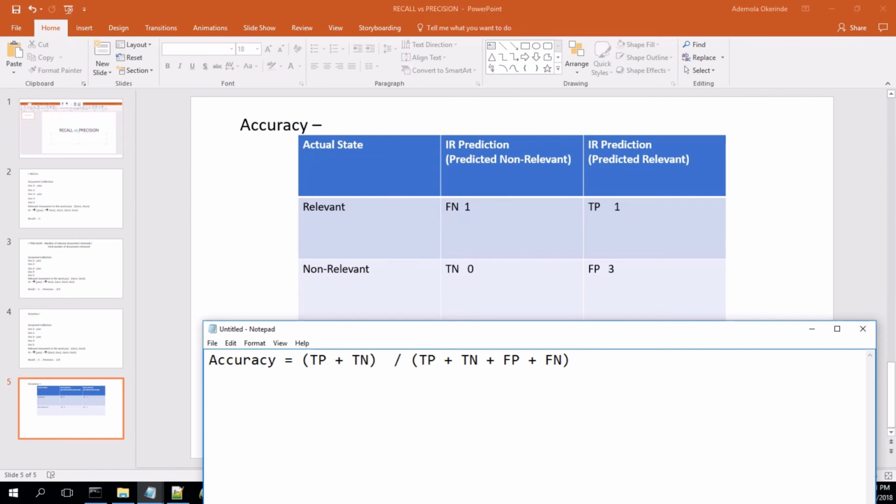So we just put into our formula and we can see. The true positive, we have 1, and the true negative, we have 0. Then we divide that by the total number of documents that we have in our collection.